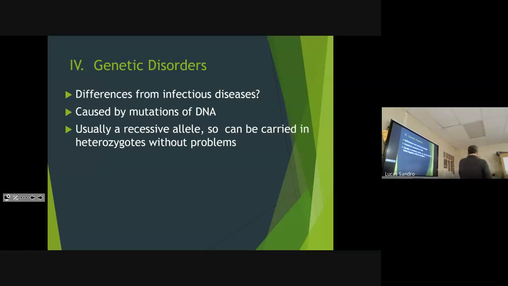A small part of the answer is that the really serious genetic disorders are often recessive. That just means that you can carry one allele for it and not have the bad effects of the gene. But that's not the whole story.